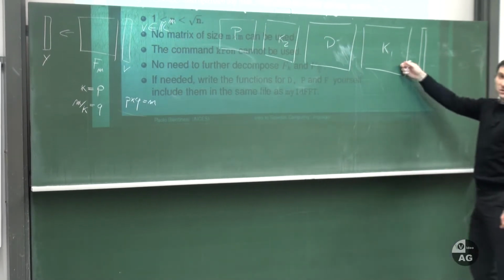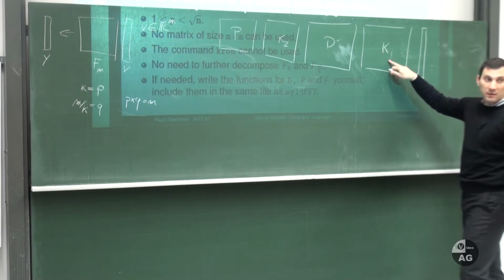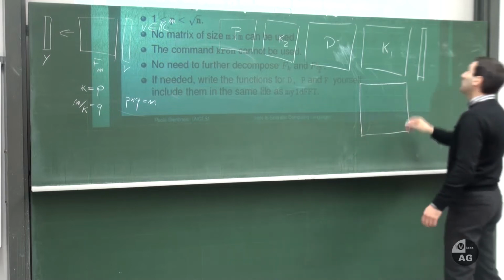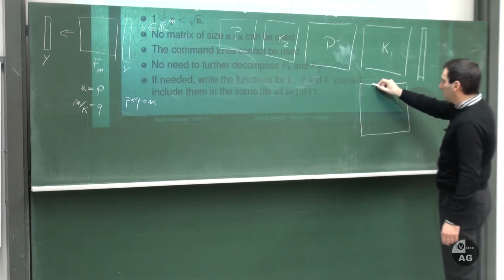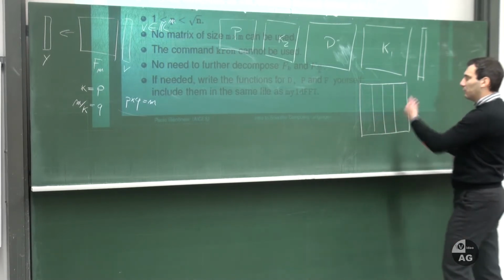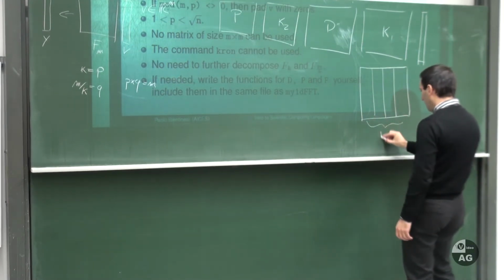Let's understand the structure of matrix K1. There are K, which means P, different blocks. I told you that any f is symmetric, so this object here will have some number of blocks. How many blocks? P of them.